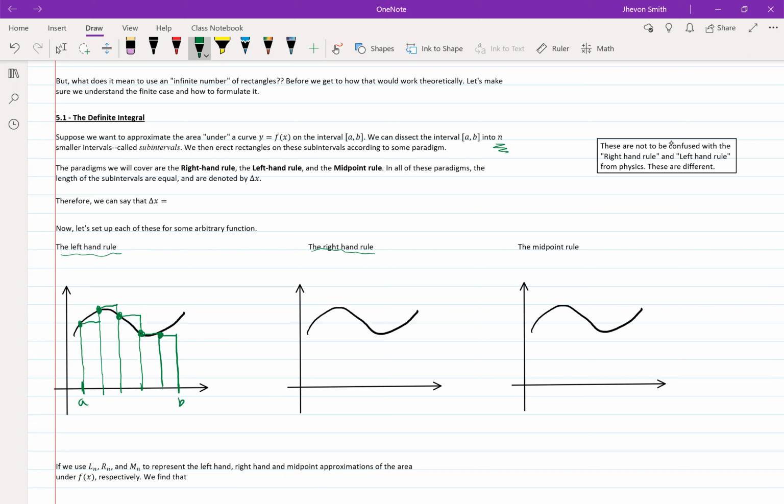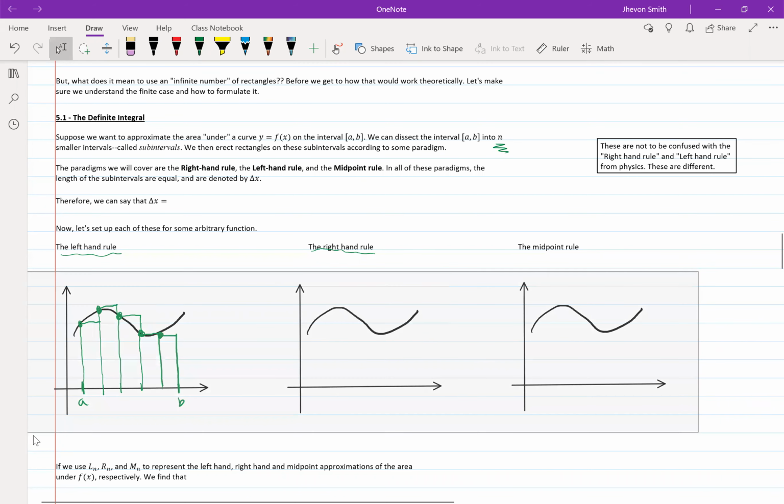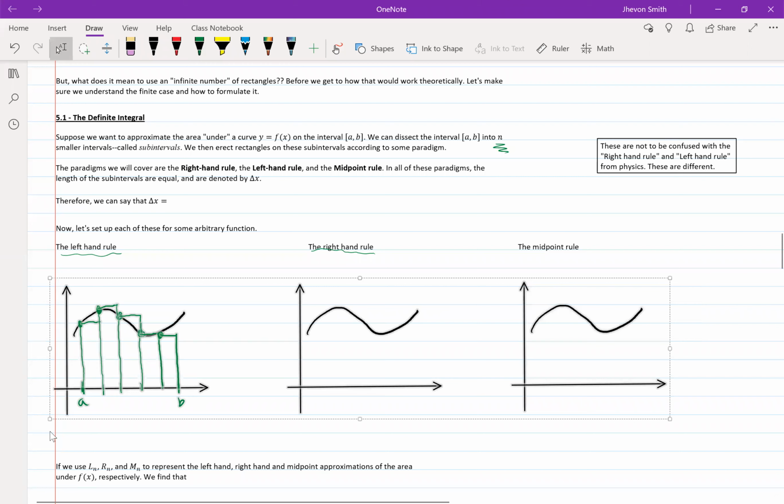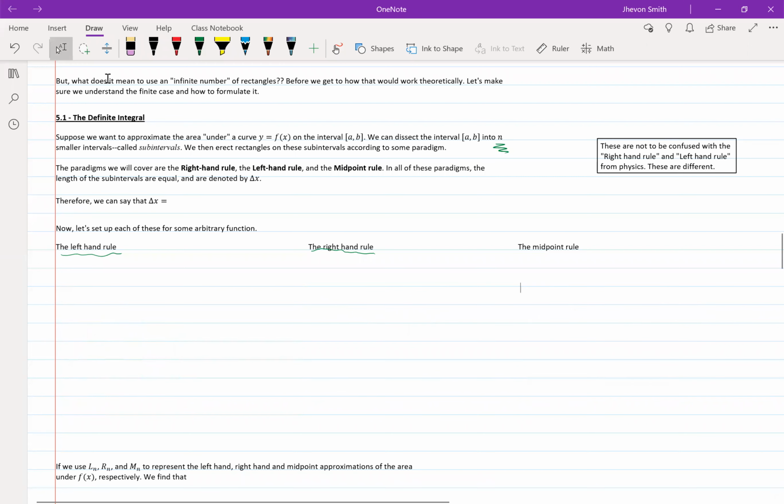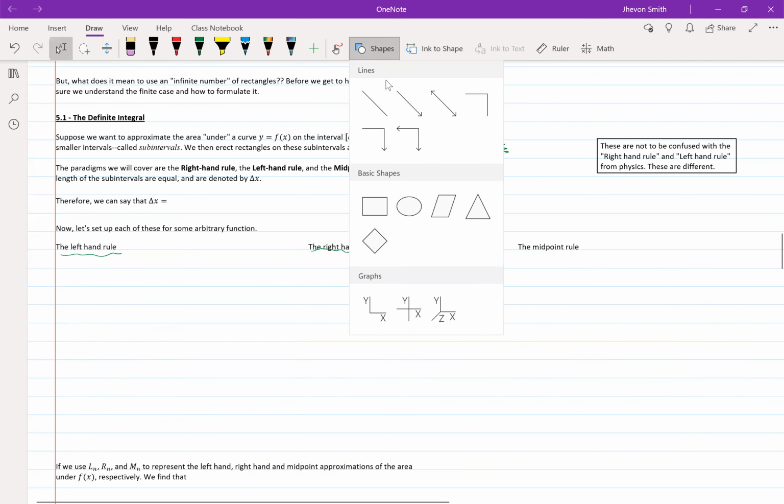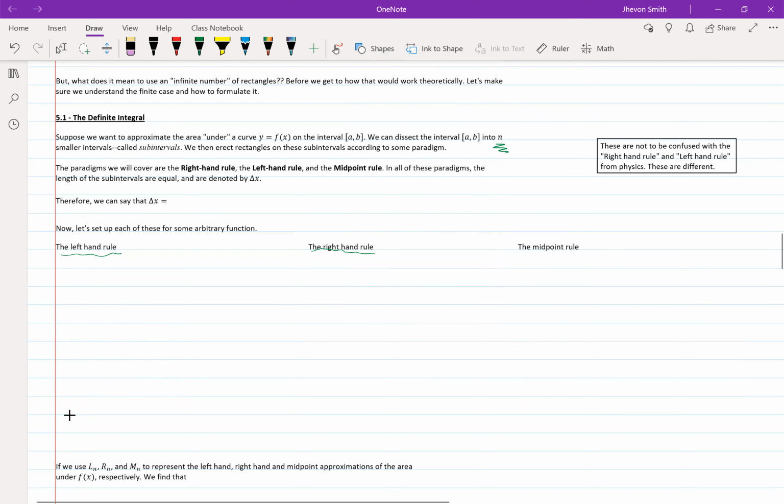Okay? Now, I actually, now that I'm thinking about this, there's another comparison that I want to make, which is going to be harder to see with this example. So let's actually scratch that. I'll use a different shape. We'll go over everything I just did.